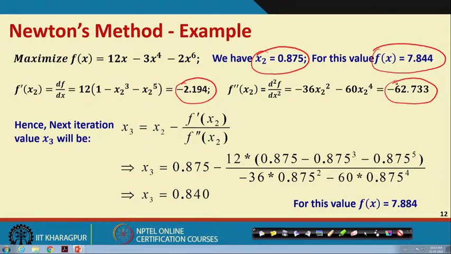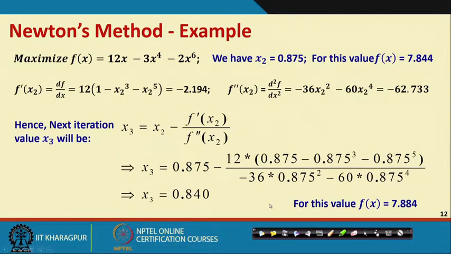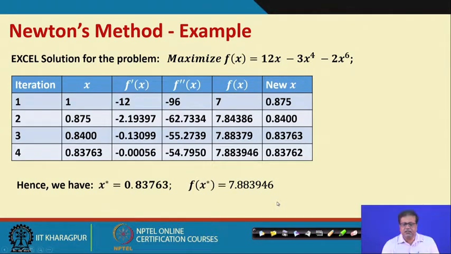By a similar computation, x 3 comes to 0.840. That is our next iteration value, and the functional value here becomes 7.884. So from 7.844 we have improved it further to 7.884. Let us move further to the next iteration.